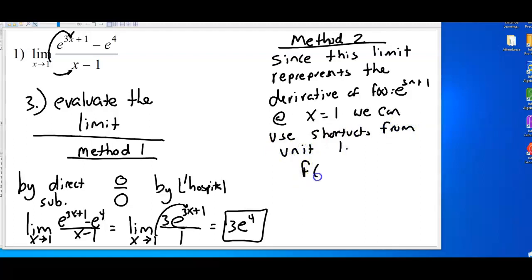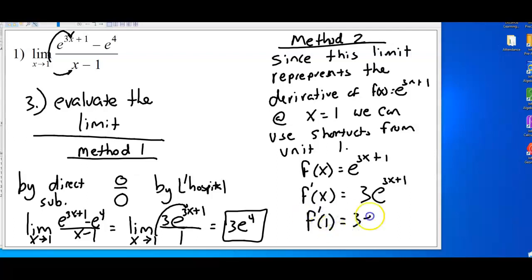Well, here's my function. My function is e to the 3x plus 1. Now plus 1 is actually up in the exponent. The next thing I'm going to do is take the derivative of this function, which is, once again, when you take the derivative of an e function, you just get the e function all over again, and you multiply it by the derivative of the inside, which is 3, and that looks familiar, doesn't it? And then if you want to find f prime of 1, all you do is you plug in 1, and you'll get your answer.